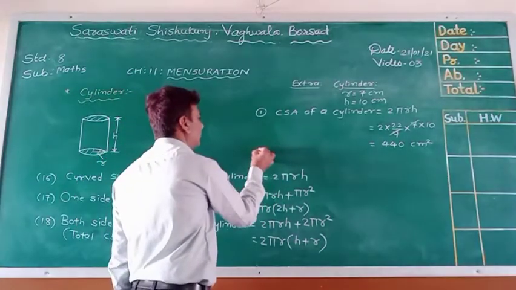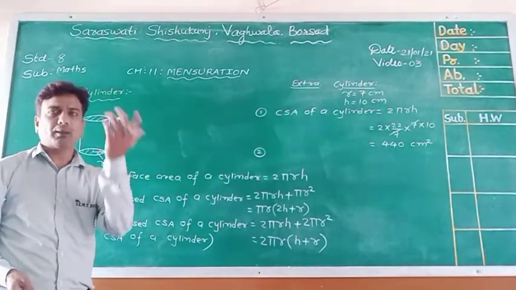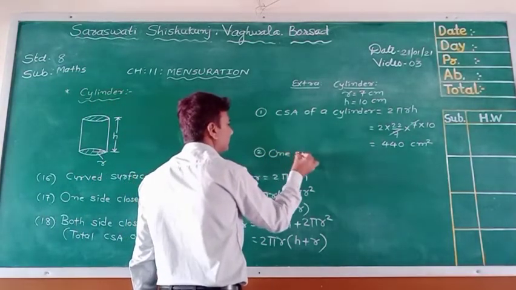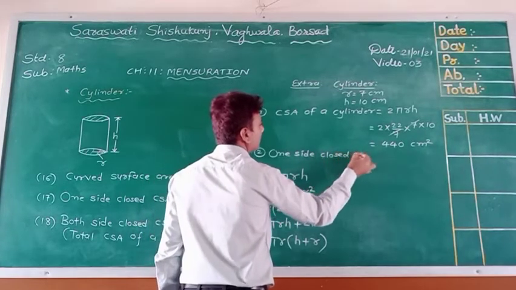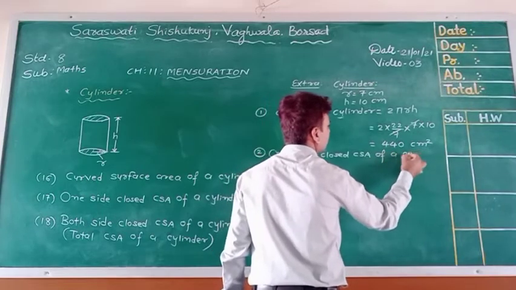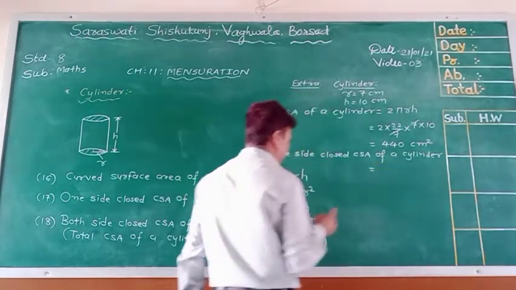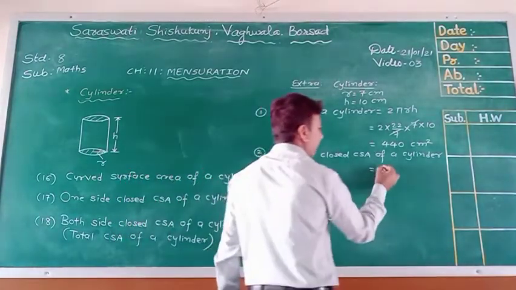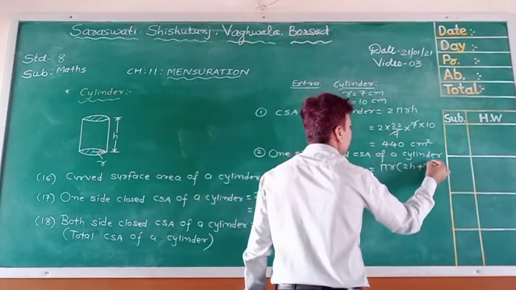Now second number, here also we want to find the one side closed curved surface area. One side closed curved surface area of cylinder equals 2 pi r h plus pi r square. So pi r is common. Pi r in bracket 2h plus r.